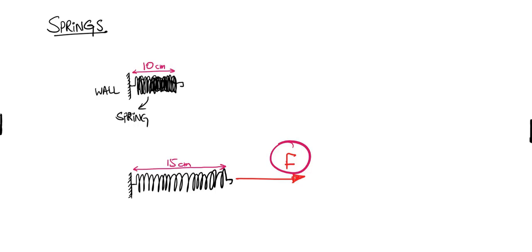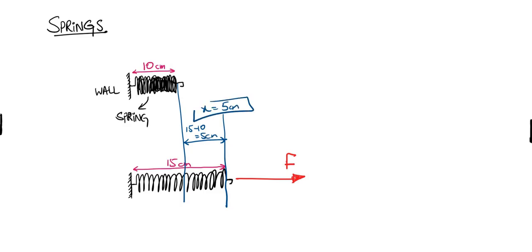The force has produced an extension in the spring, और वो extension, how can we find the value of that extension? That is the final length of the spring minus the initial or the original length. So that is 5 centimeters of extension. Extension x equals 5 centimeters. So this force F has produced an extension x in the spring by deforming the spring.